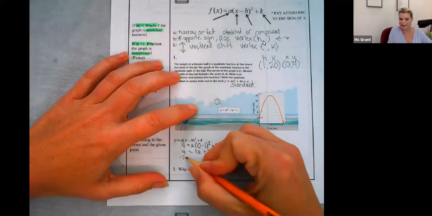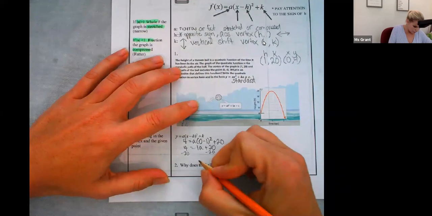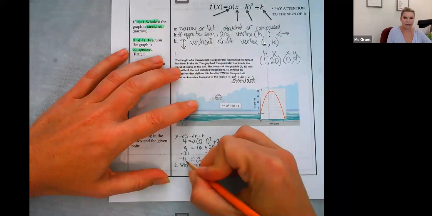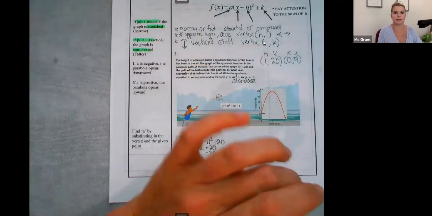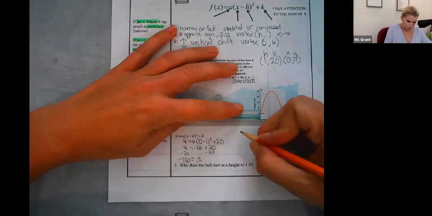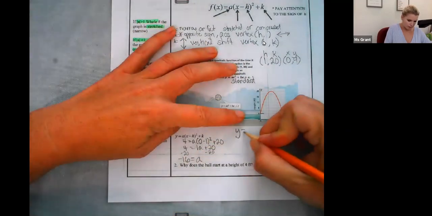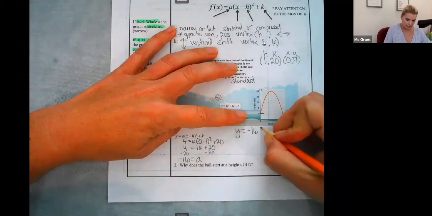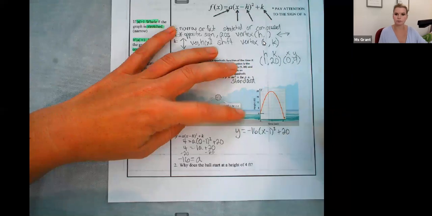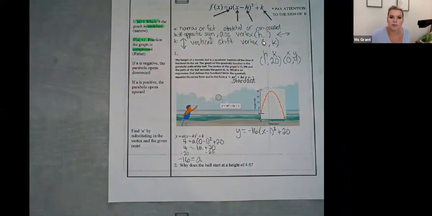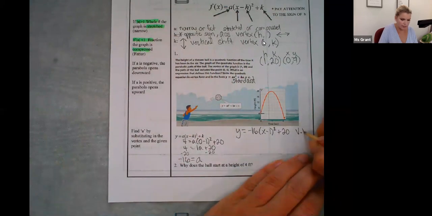I'm running out of space. Anyways, A = −16. So here is my vertex form of this word problem: y = −16(x − 1)² + 20. So there's vertex form, done. Vertex form, VF, if you need that.